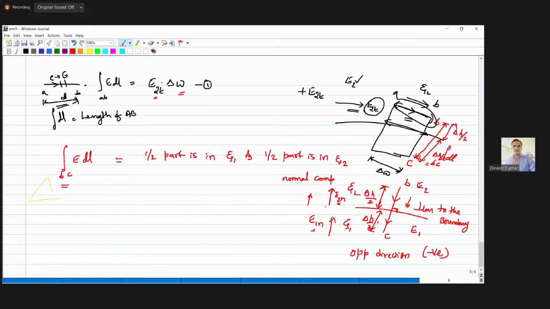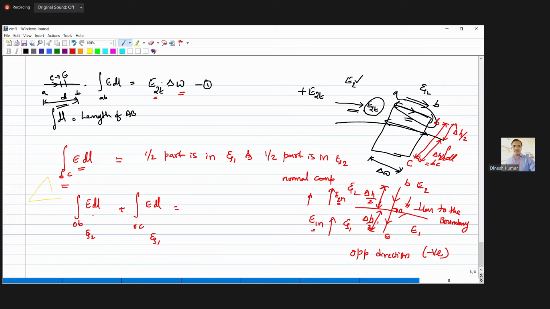So if you apply this equation, that is the closed line integral of E dl, if you consider this point as 0, what will be the value? Integral from 0 to B of E dl, which is present in epsilon 2, plus integral from 0 to C, which is present in epsilon 1, of E dl.